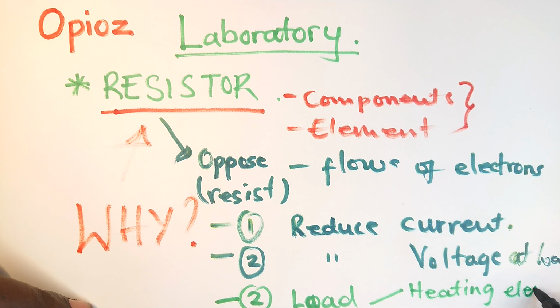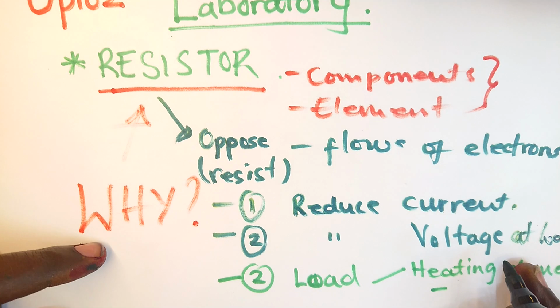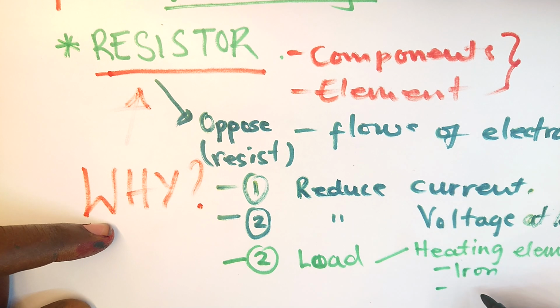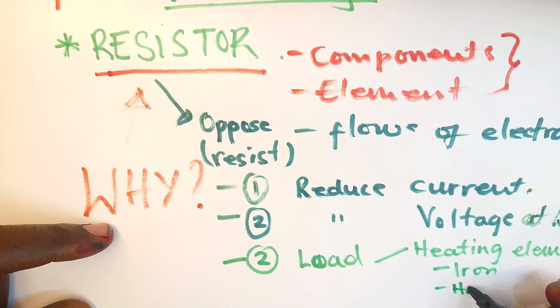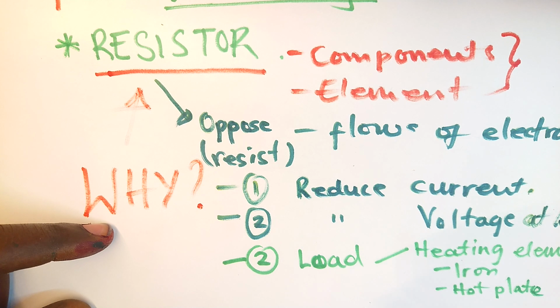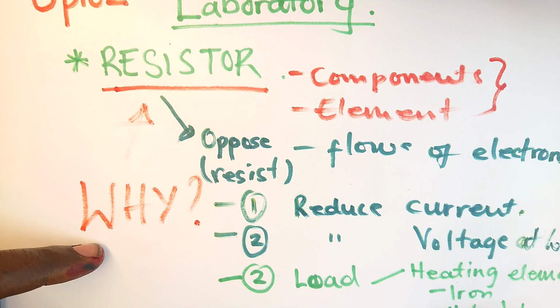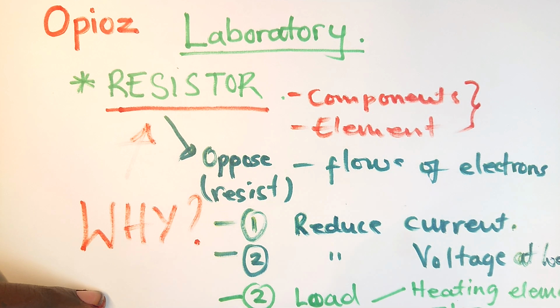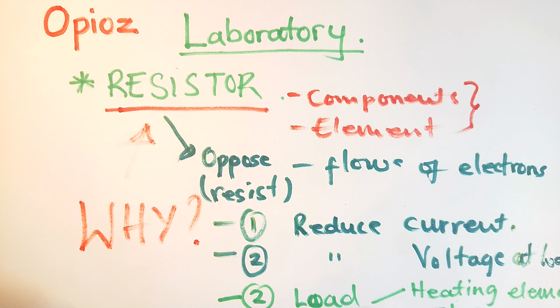And when I say heating elements, these ones you'll find them in your flat iron, in your cooking hot plate, in your rice cooker, in your hair blower. So those are all resistors, which are used as a load. In itself, it's the one that is doing the work that we were interested in.